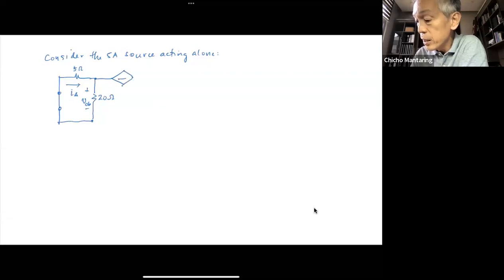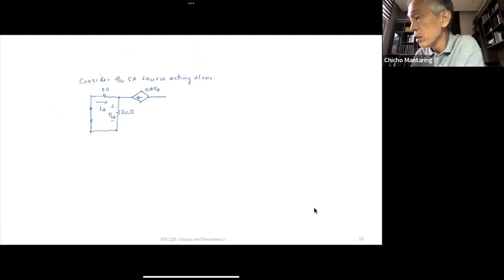Okay, this is 0.4 V delta. This is minus plus 2 I delta. So this is now 10 ohms.